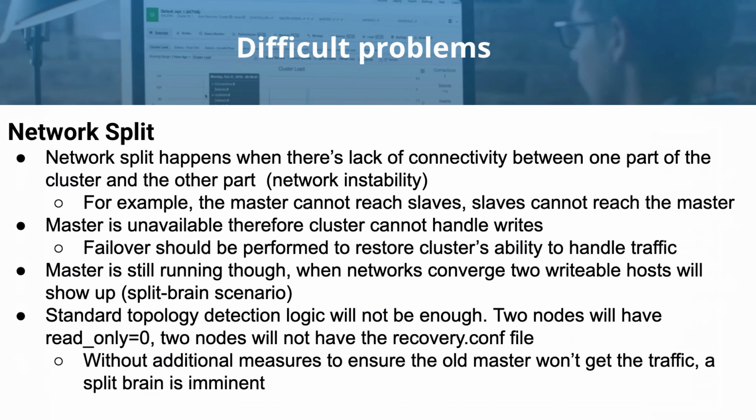Standard topology detection logic will not be enough, so two nodes will have read-only equals to 0 for MySQL. That means two nodes will end up being writable. Two nodes will not have recovery.conf or recovery.signal and standby.signal if using PostgreSQL. Without additional measures to ensure the old master won't get the traffic, a split brain is imminent.